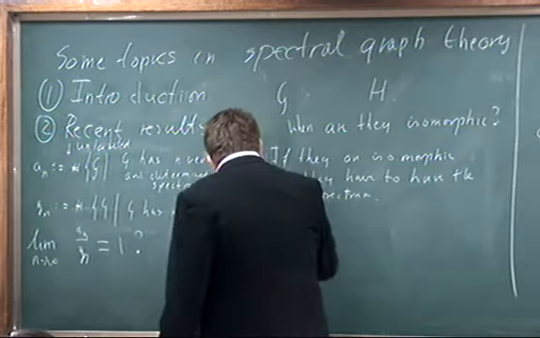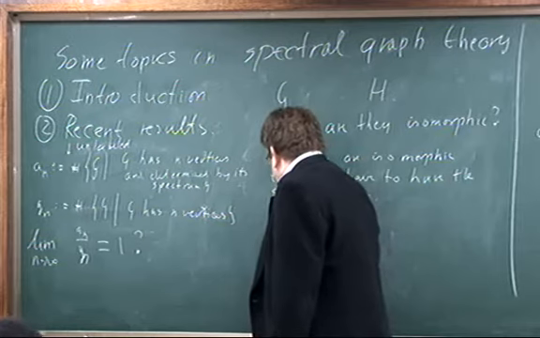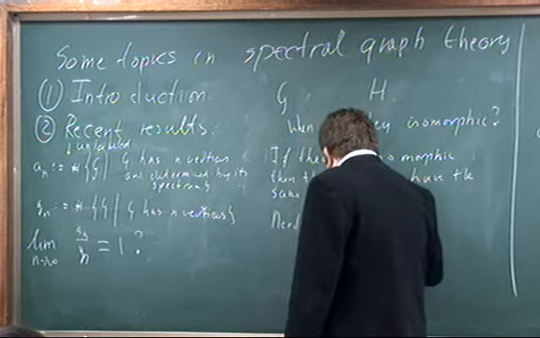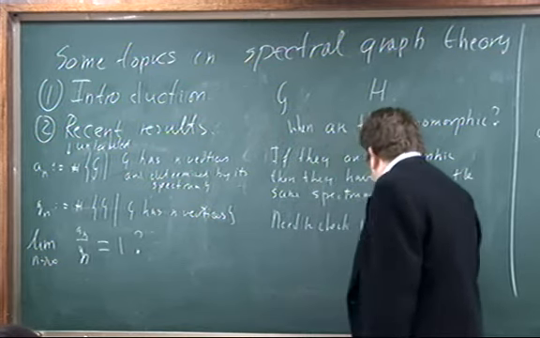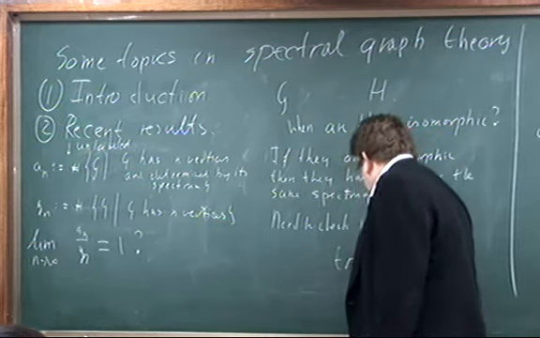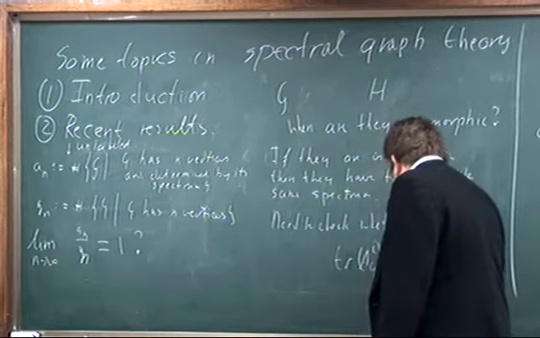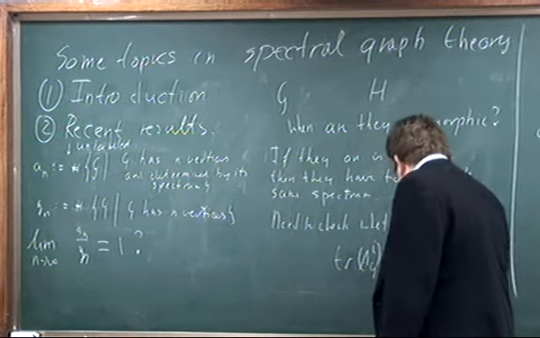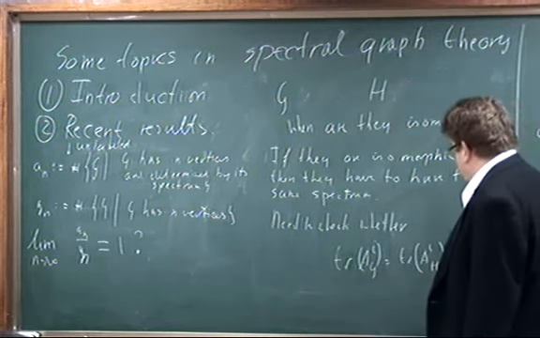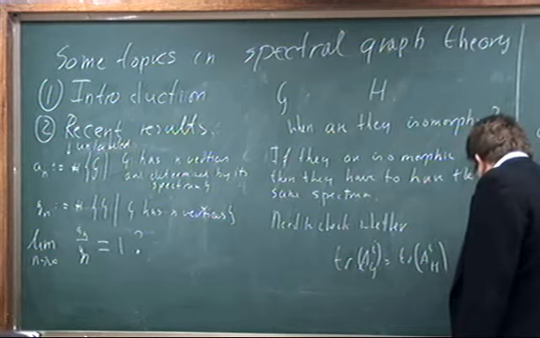You need to check whether the trace of A^i of G equals the trace of A^i of H, for i from 0 to n minus 1.